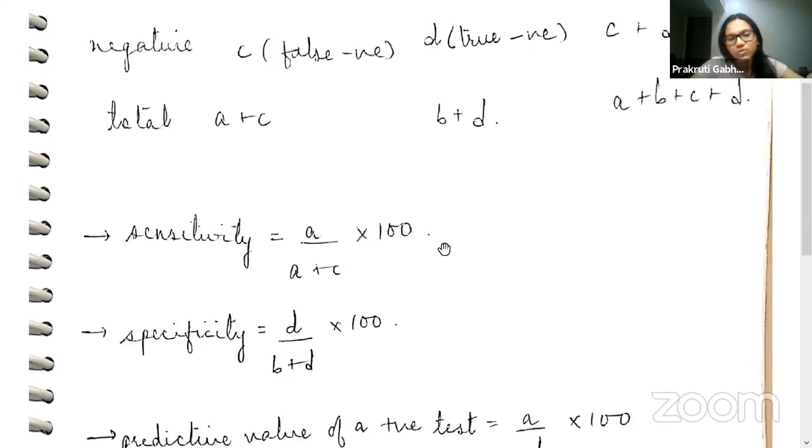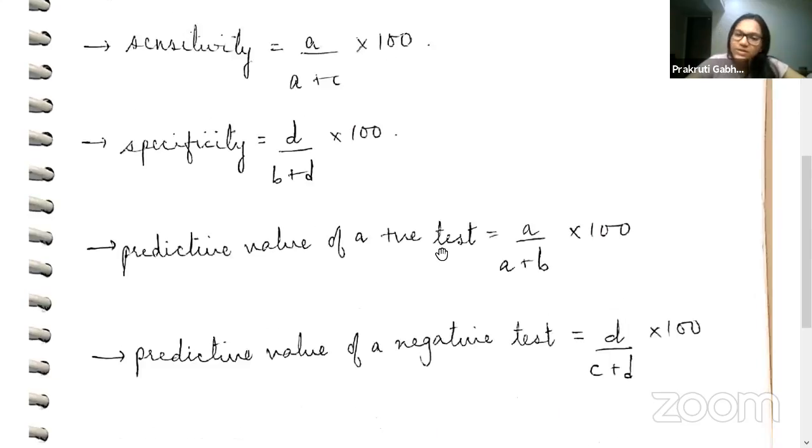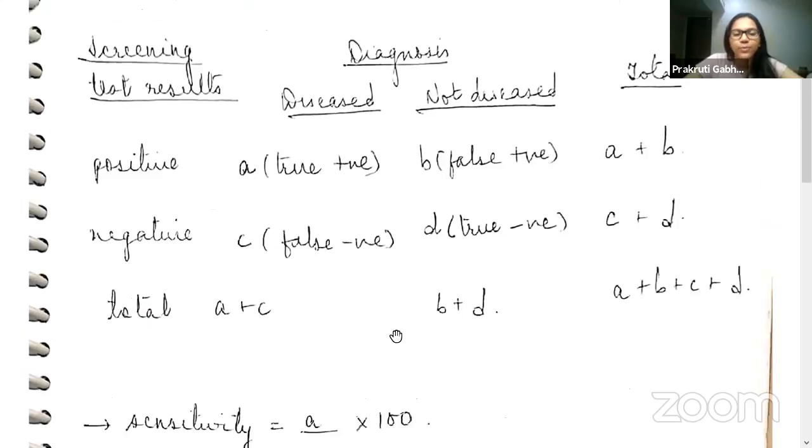The next two values that we have are the predictive values of a positive test and a negative test, and they are essentially quite the opposite. What is the predictivity of a positive test? Suppose I get a positive test, what are the chances that the person is actually diseased? So how well have you been able to predict?